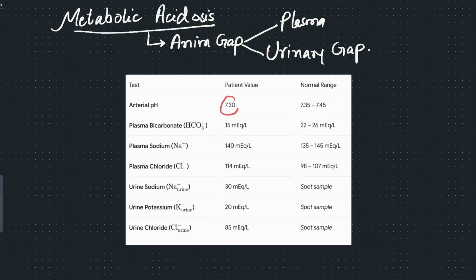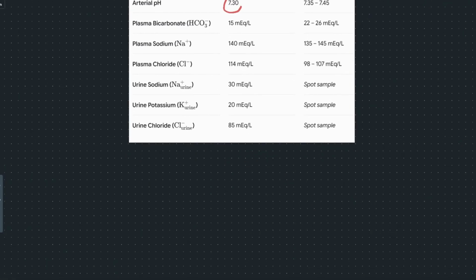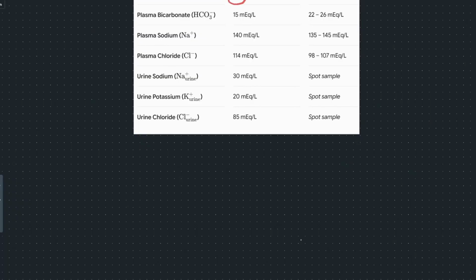But before that, let's start from the very basics. From our previous discussion in the last lecture, we had discussed what acidosis is. We know that the normal plasma pH range is a narrow range, 7.35 to 7.45.